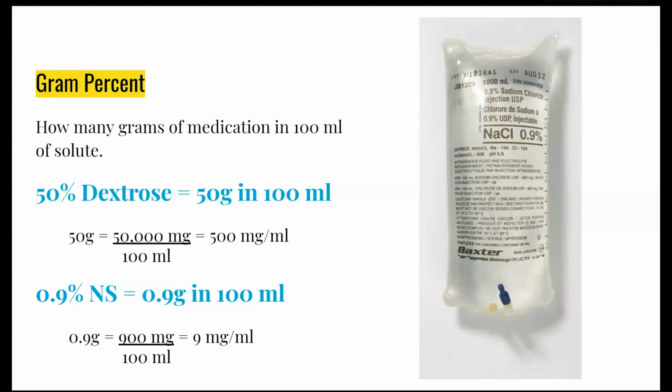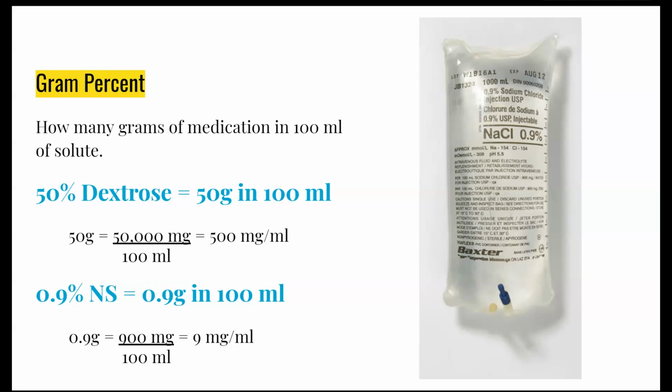The problem with gram percent is that it needs to be in milligrams to be more useful for administering medications. So we go back to the concept of moving the decimal over 3 places to go from grams to milligrams. So 50, you get that in your invisible decimal point.